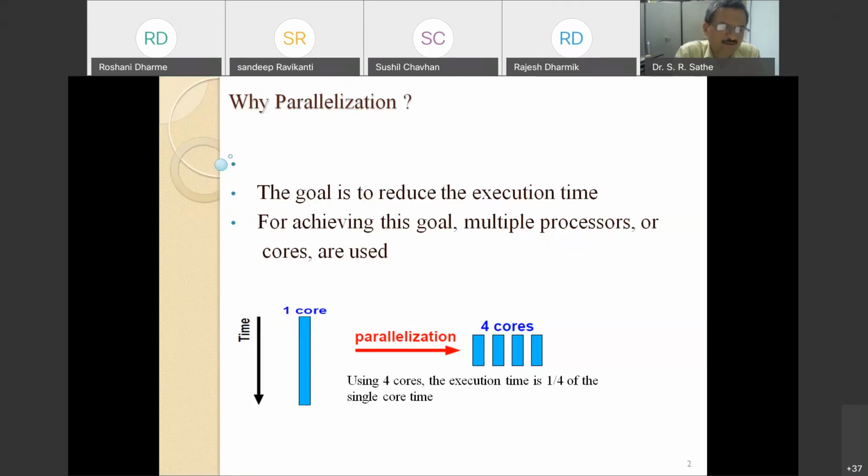In fact, our mobiles also have quad core processors. Using 4 cores, we estimate the execution time should be 1/4 of the single core time. So speed up, which is a measure of how much you have parallelized, is equal to 4 in this case, right?